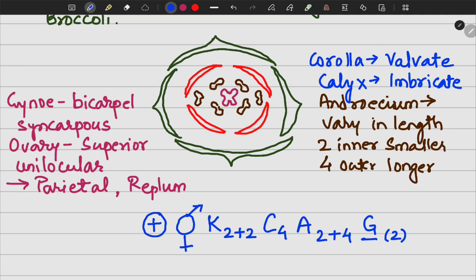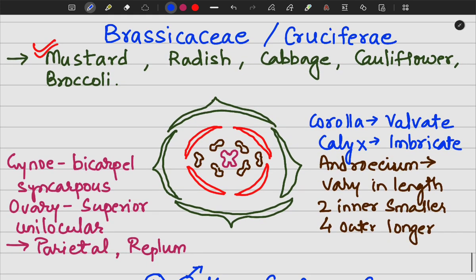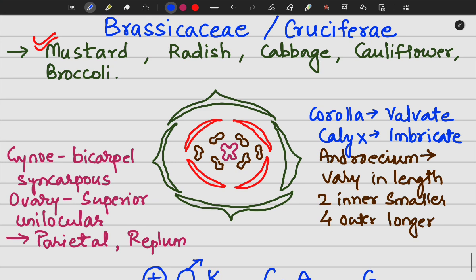So this describes the floral formula for the flower of the mustard, which belongs to the Brassicaceae or Cruciferae family. Alright, so I hope all the terms are clear along with the examples, floral diagram and floral formula.